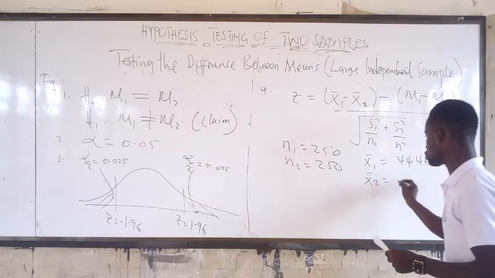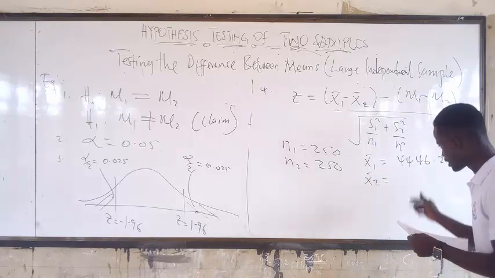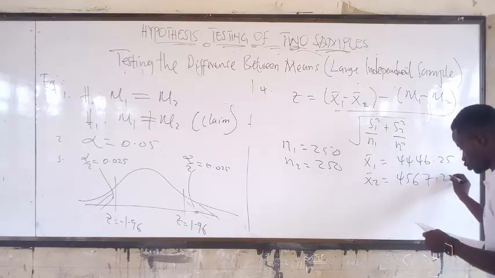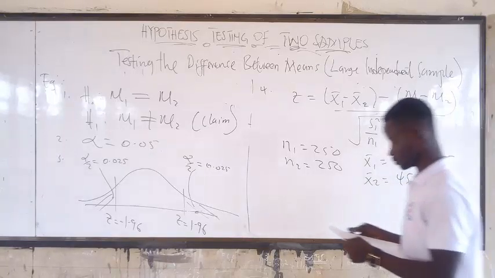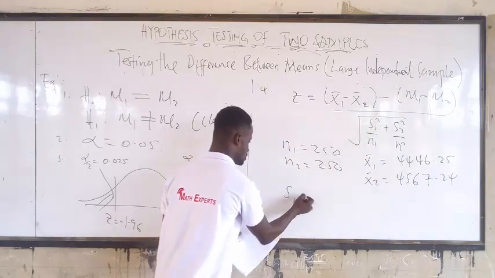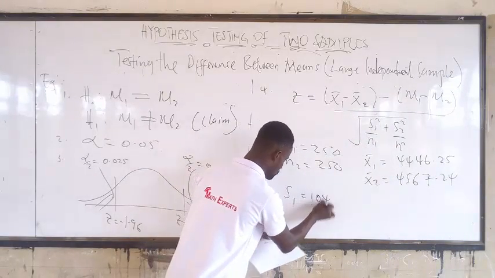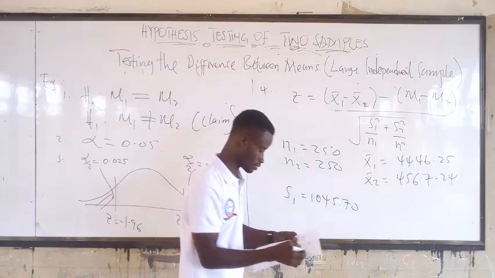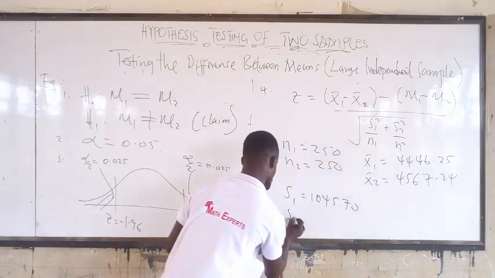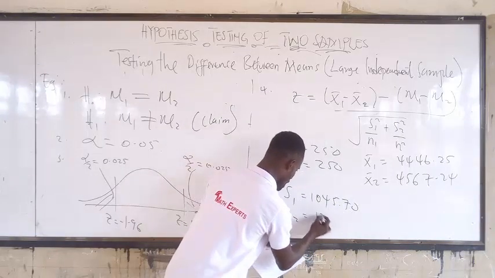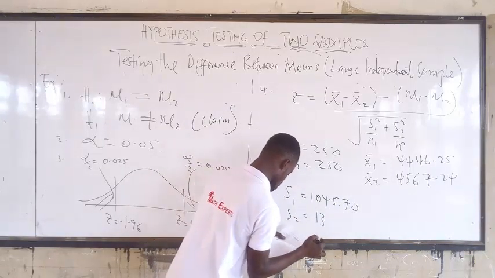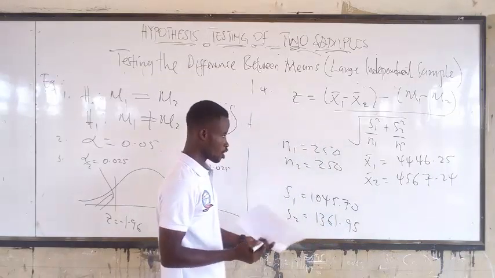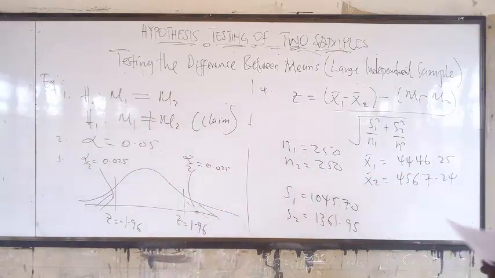And we know x-bar2, all this is the mean, that is 456.24. We also know our sample standard deviation to be 104.570, and the second one to be 1361.95.